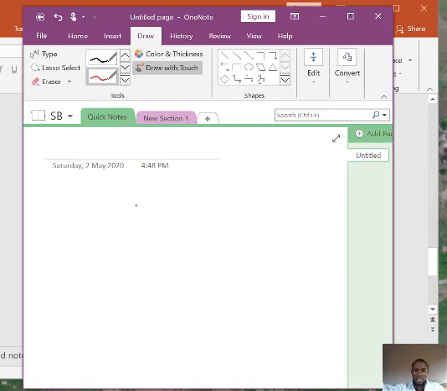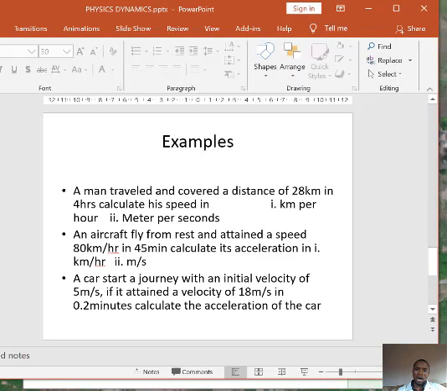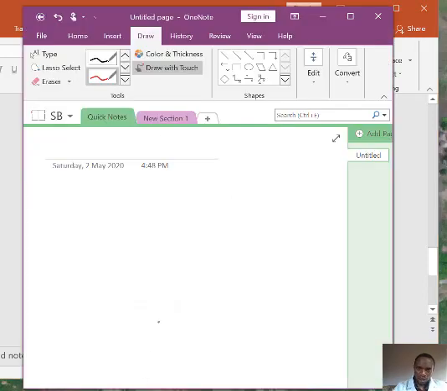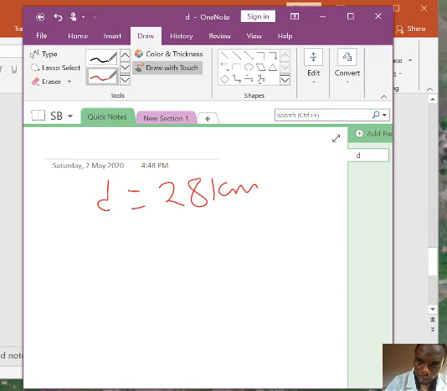So if we are to calculate that, first of all, we're told that the man traveled and covered a distance of 28 kilometers. So you bring out your parameters first. The distance covered is 28 kilometers. Then time is 4 hours.